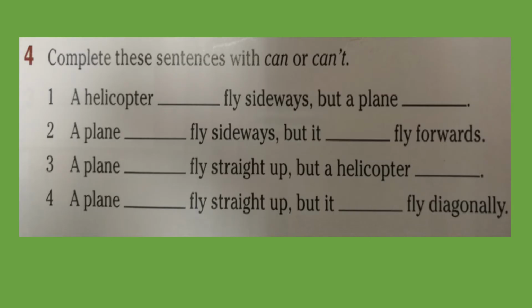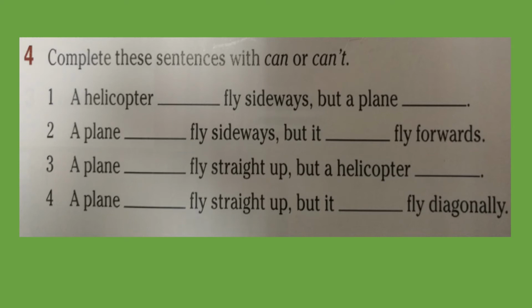Okay, now let's apply what we have learned by completing these sentences with can or can't. Now let's read them together. A helicopter flies sideways, but a plane. Number 2, a plane flies sideways, but it can or can't fly forwards.